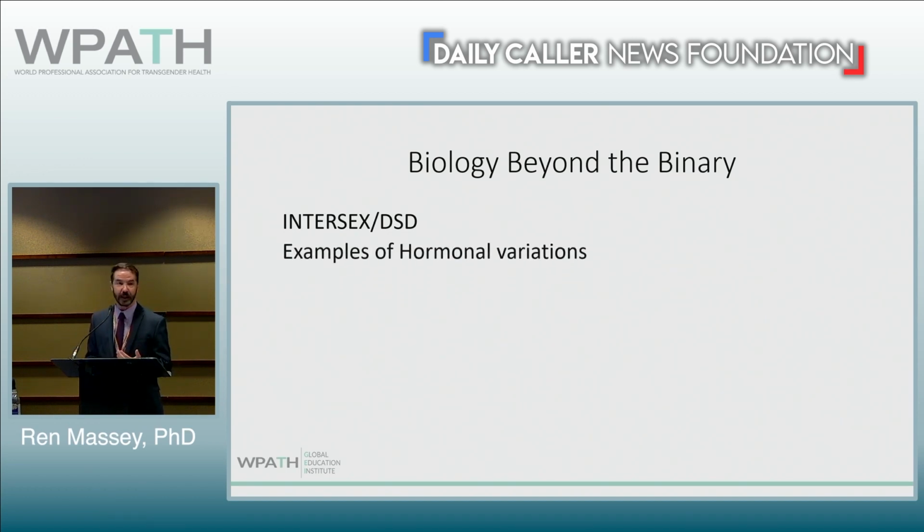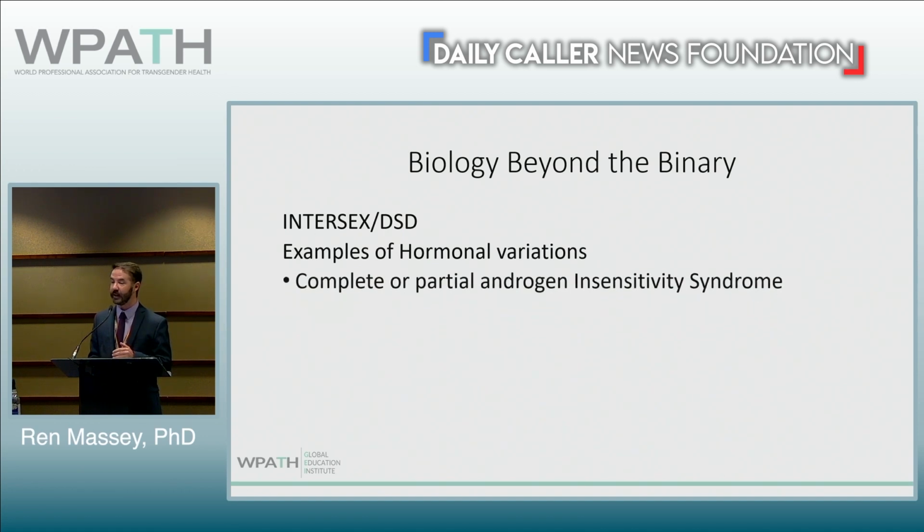And a few examples of differences of sex development: often these lead to differences in reproductive structures or in genitalia that are observed. And so those are the intersex conditions. And there are hormonal variations that can lead to, for example, feminization of folks with XY chromosomes, like folks who have complete or partial androgen insensitivity syndrome.